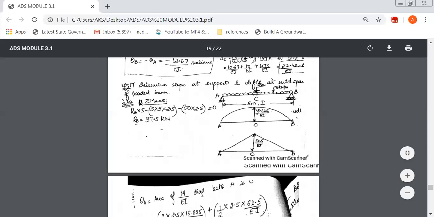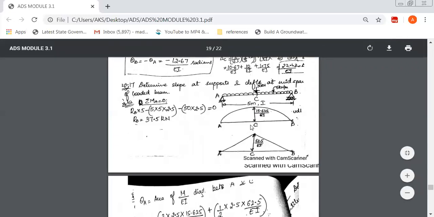This is due to UDL. Next, due to the point load of 50 kilonewton, it is WL by 4. Simply supported with the point load at the center is WL by 4, that is 62.5 over EI. So W is 50 into 5 divided by 4.